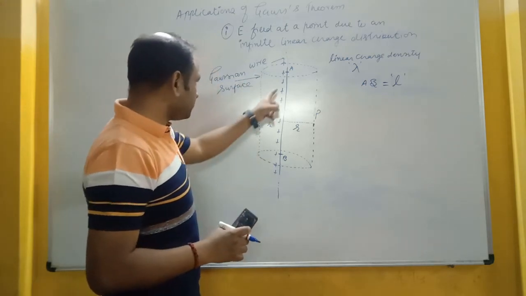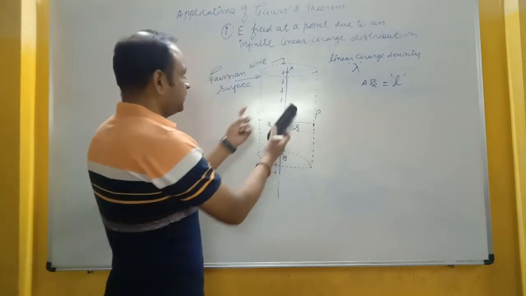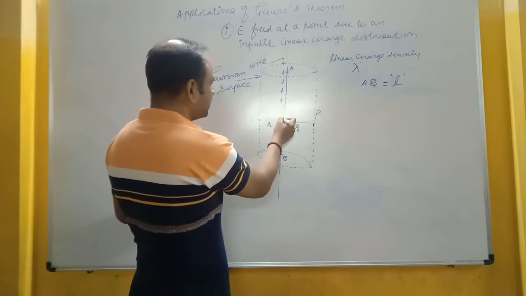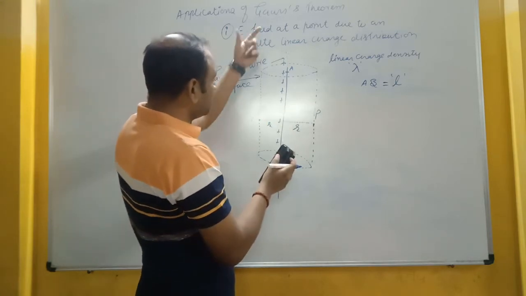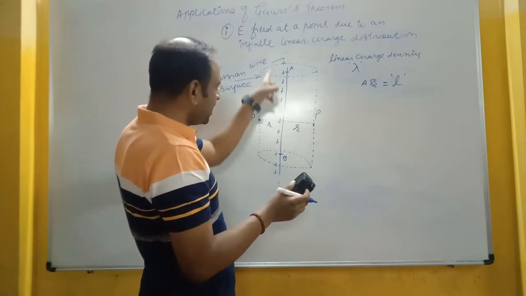I can take one point here also, I can take one point behind this board also, and all those points would be at a distance R from the wire.